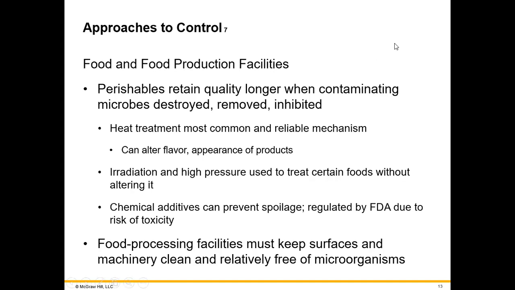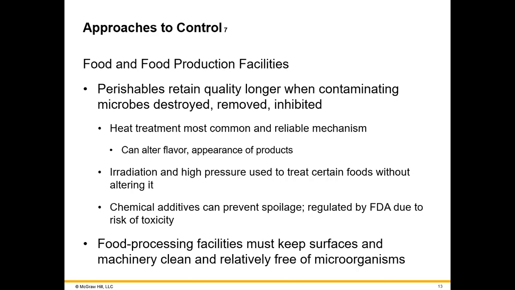Okay, so let's now go into the different approaches for the control of microbes. Let's look at food and food production facilities. Perishables. It's important, of course, for perishables to retain their quality longer when contaminating microbes are destroyed.